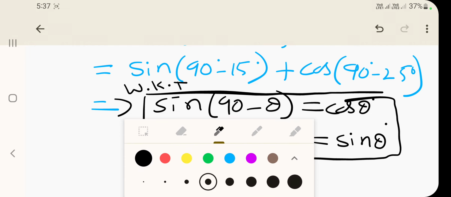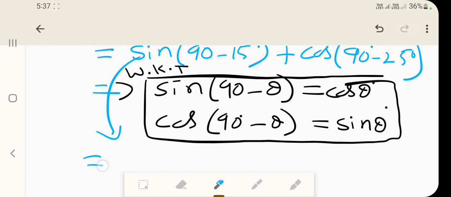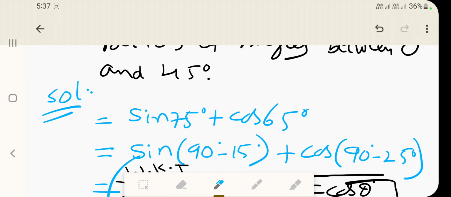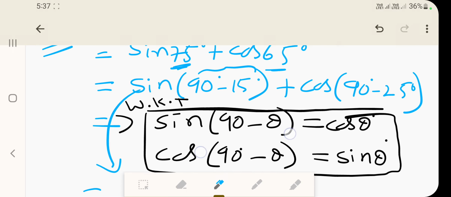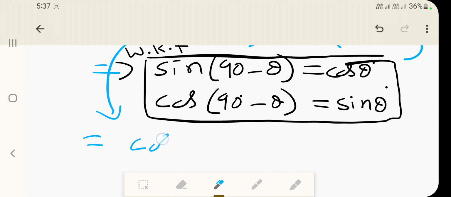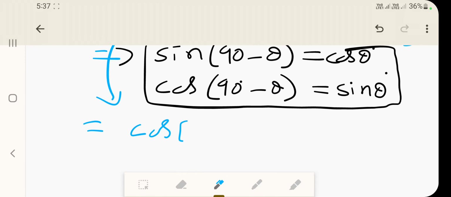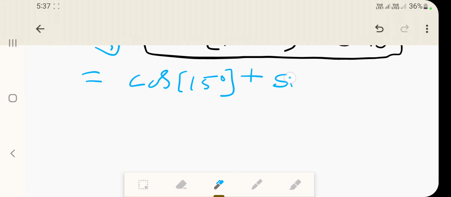Now in the given problem, we have replaced the 75 degrees angle with 90 minus 15 and 65 with 90 minus 25. So sin (90 minus theta) we can write as cos theta, cos of 15 degrees, plus cos (90 minus theta) as sin theta, that is sin of 25 degrees.